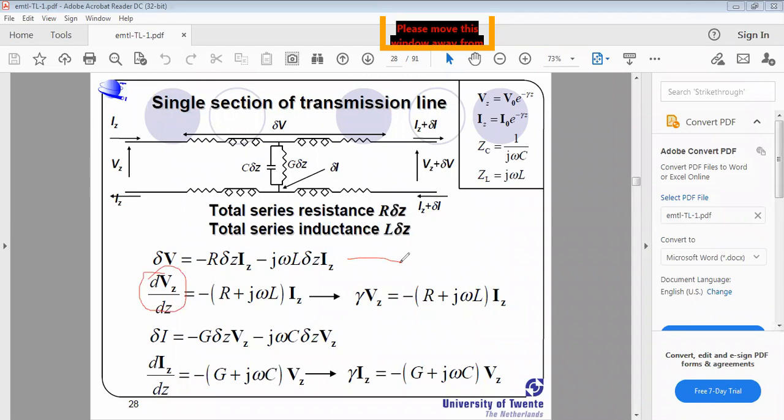Taking the minus sign as common, R plus j omega L into Iz. Delta Z is taken as common from both the left hand side and right hand side, converting the partial differentiation into differential form directly. So dVz by dz equals minus of R plus j omega L into Iz.